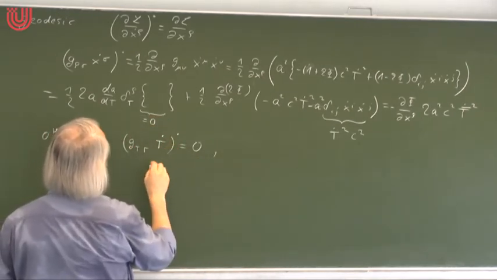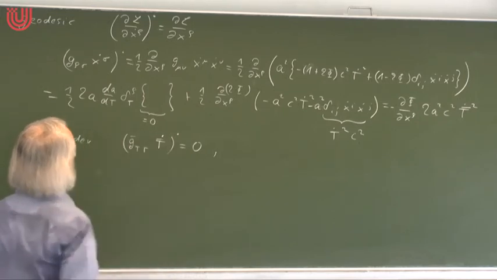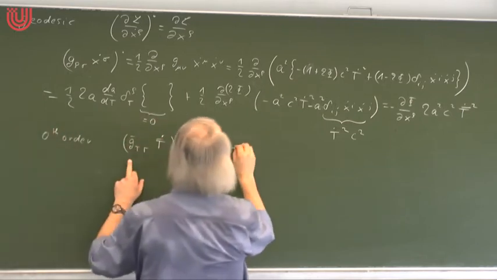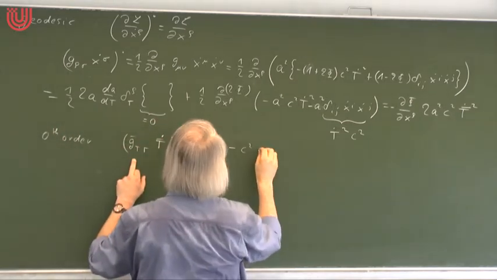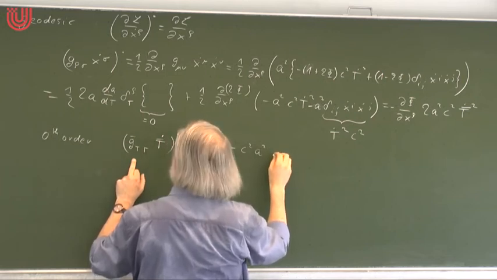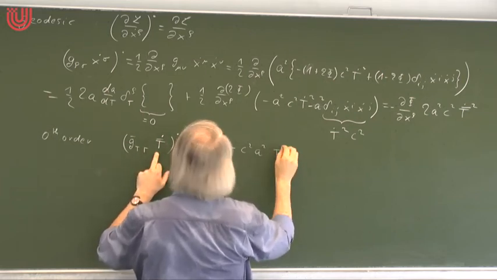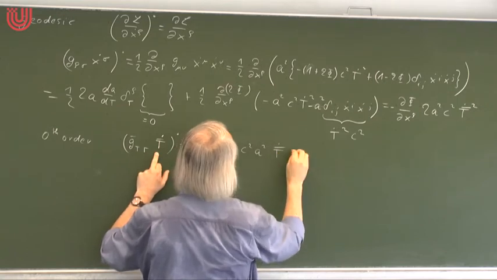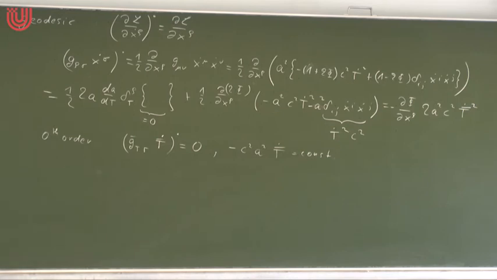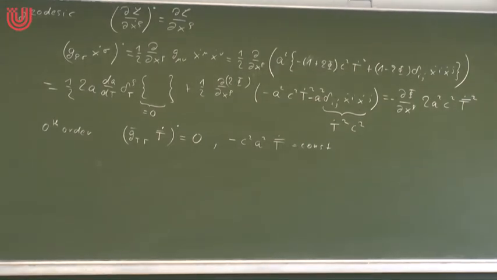This is zeroth order, yeah, zeroth order. So this is a constant, and this is minus c squared, a squared, t bar dot. This is a constant. Okay? Constant along each light-like geodesic.